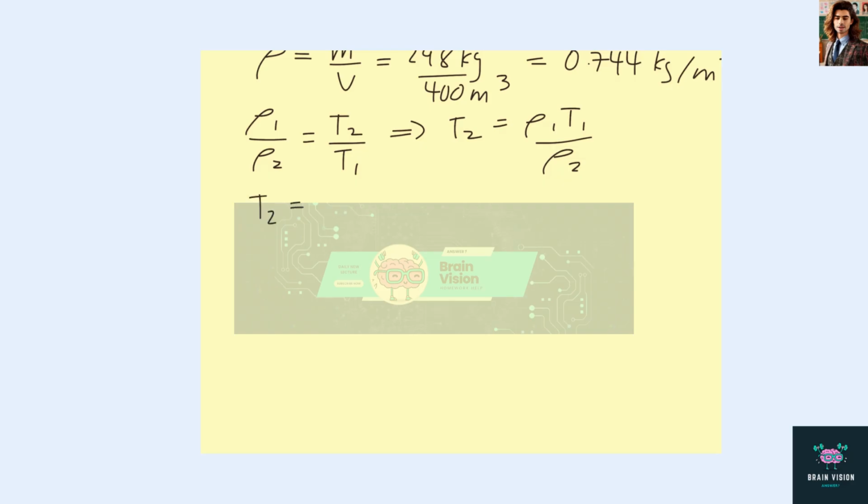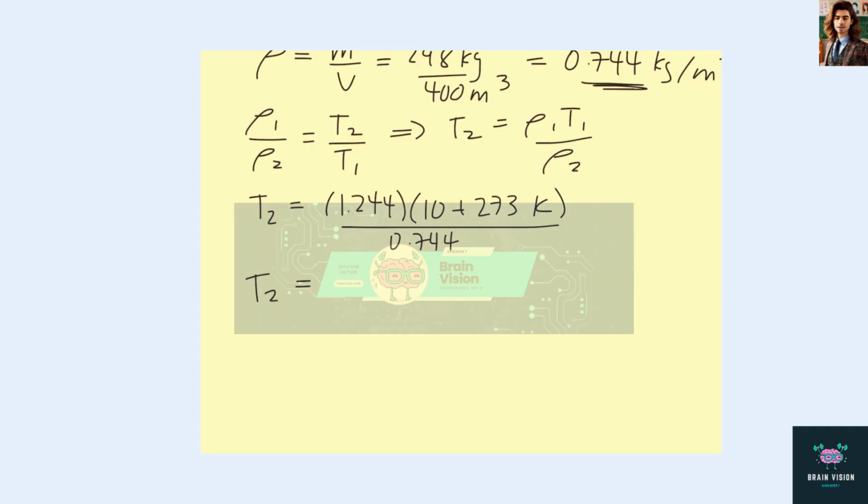So T2 is equal to density 1, 1.244, times our initial temperature, which is given as 10 degrees Celsius, but we're going to add 273 to make it Kelvin. And divide that by our new density, which we had found up here as 0.744. And you should find the temperature of the hot air in the balloon to make it lift is equal to 473 Kelvin.